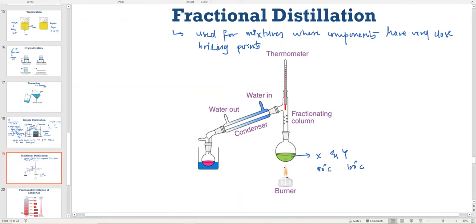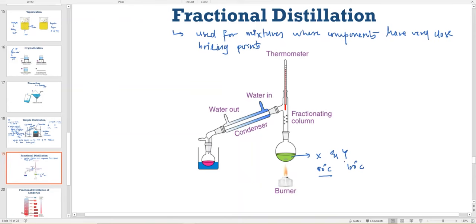If I start heating it, when the bulb of this thermometer reads 80 degrees Celsius, the component X will start to evaporate. But the boiling points are not very different. So at 80 degrees Celsius, the molecules of X will have the energy to go up and enter the condenser.